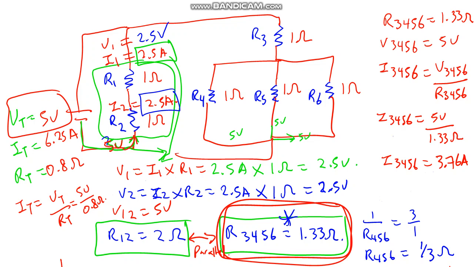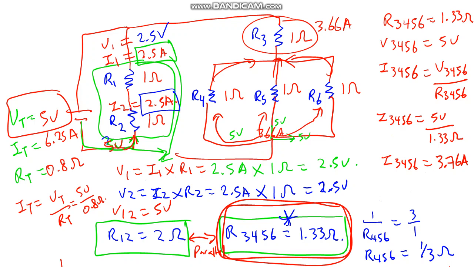So 3.76 amps will be split among here, here, and here. And then they're all going to reconverge over here. And this guy will also have 3.76 amps. So I3 will be 3.76, and R3 is 1 ohm.